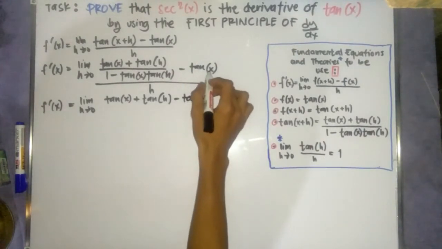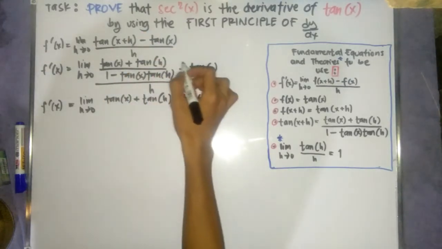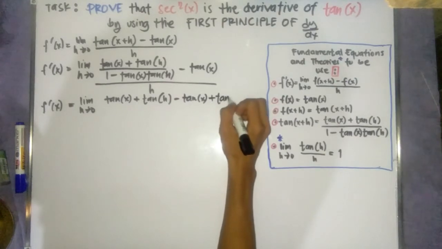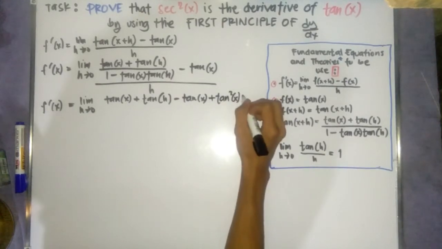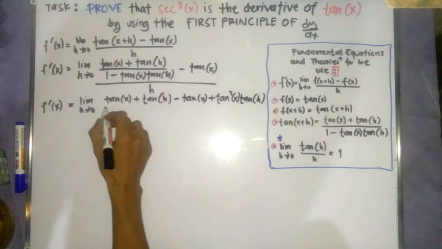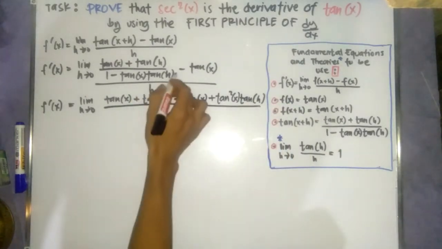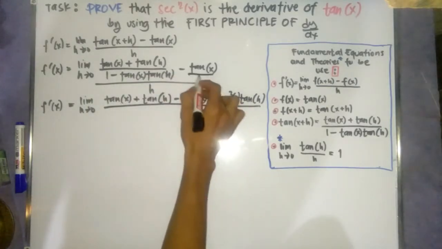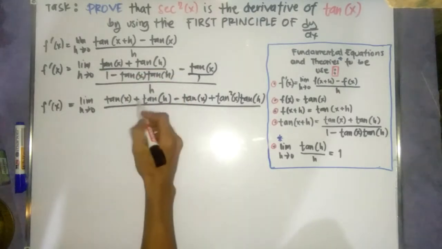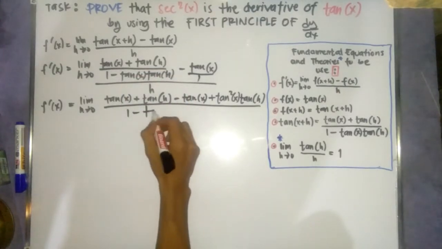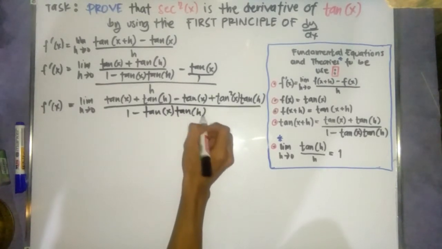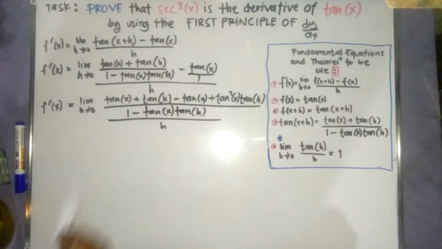Negative tangent x multiplied to negative tangent x tangent h is positive tangent squared x times tangent h. Yun. So, all over, ito na yung common denominator kasi 1 lang ito, di ba? So, 1 times this whole thing is this whole thing. So, 1 minus tangent x times tangent h, all over that, the value of h.